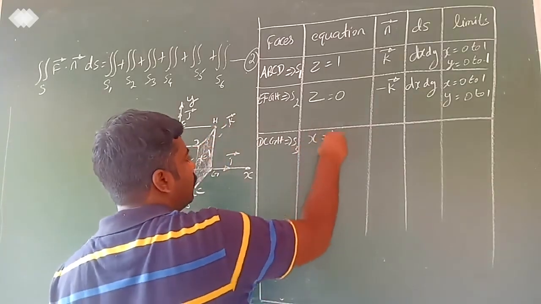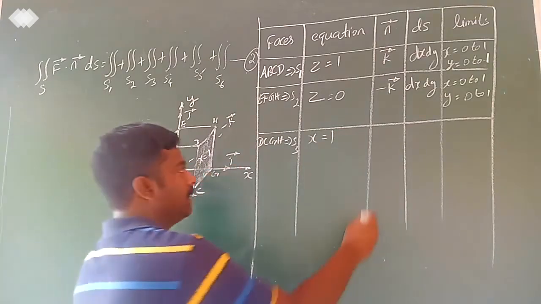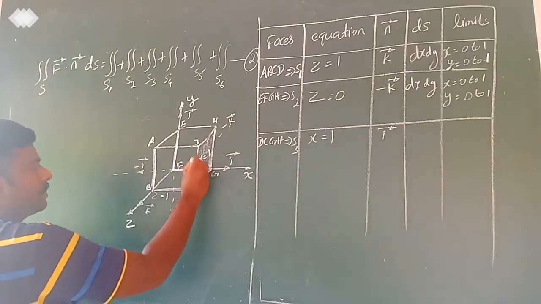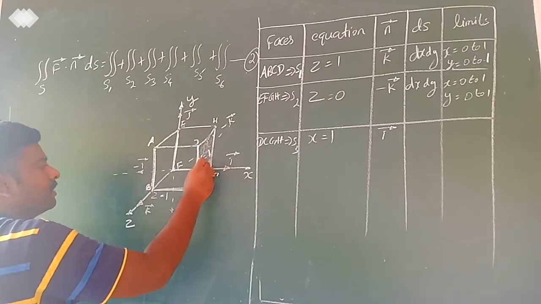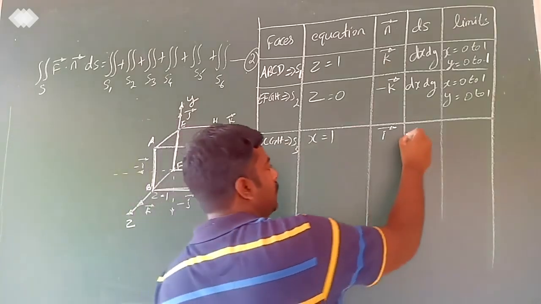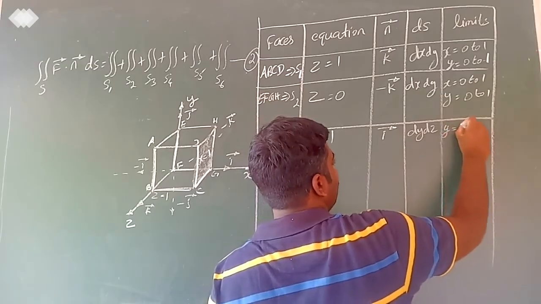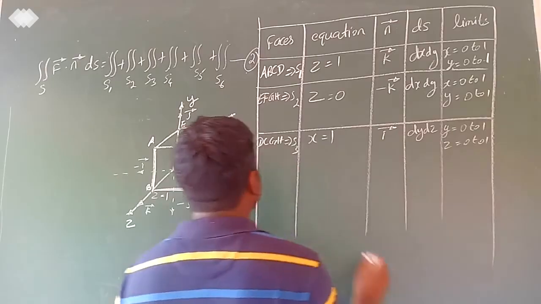So therefore x equal to 1, and in the x-axis the direction is i vector. So n vector equal to i vector. And ds: this phase is in y-axis and z-axis. So therefore ds equal to dy dz and limits y equal to 0 to 1 and z equal to 0 to 1.